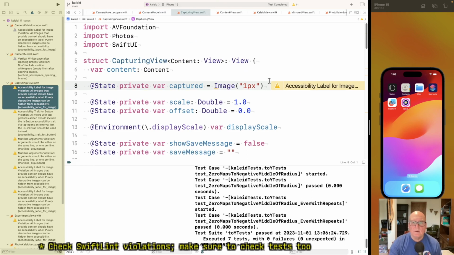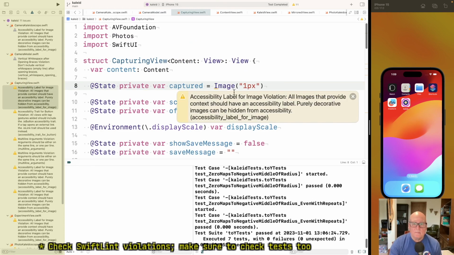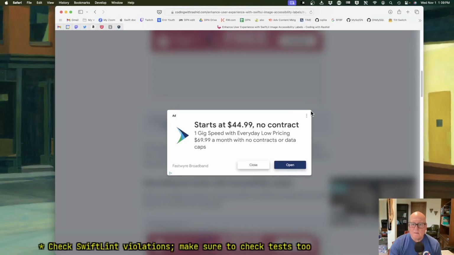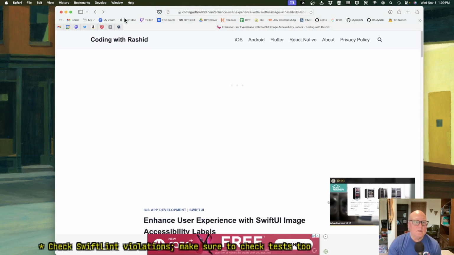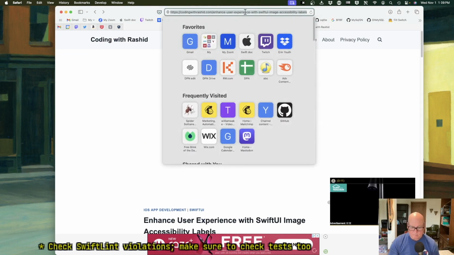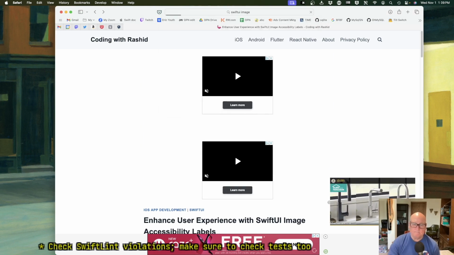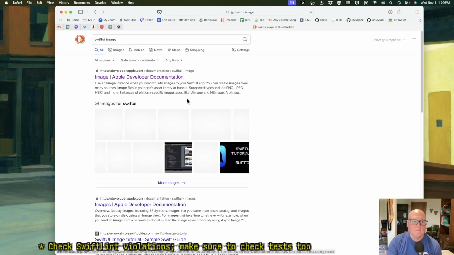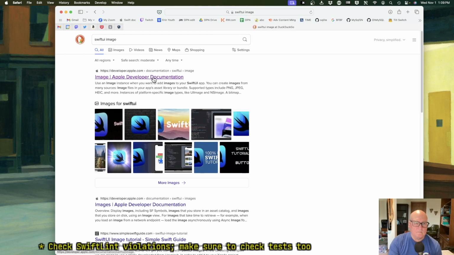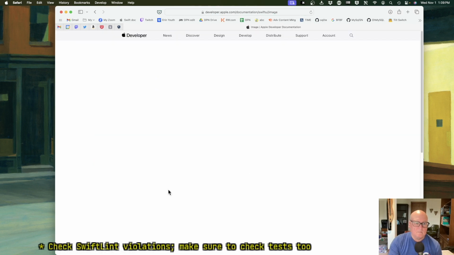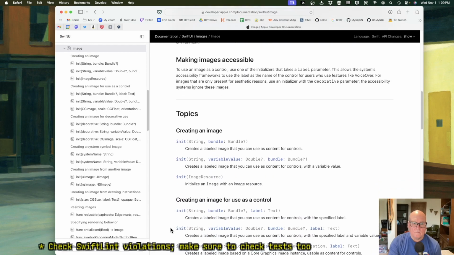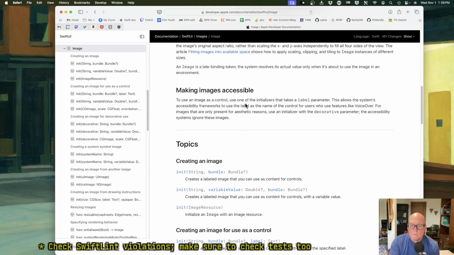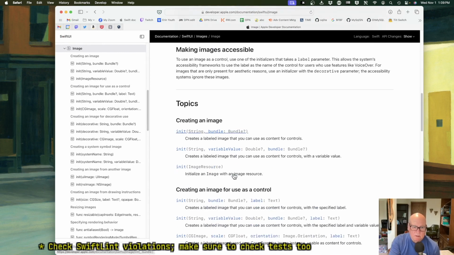Capturing view. Well, take a label parameter.